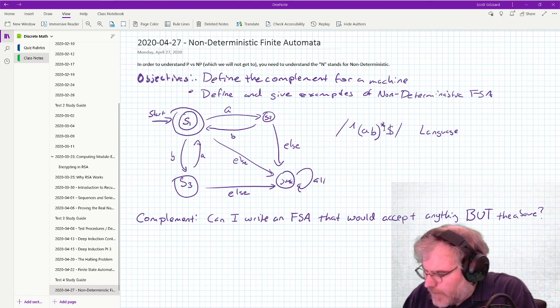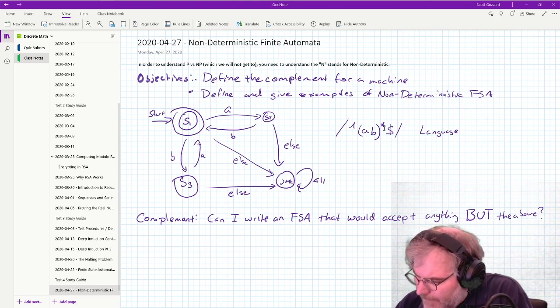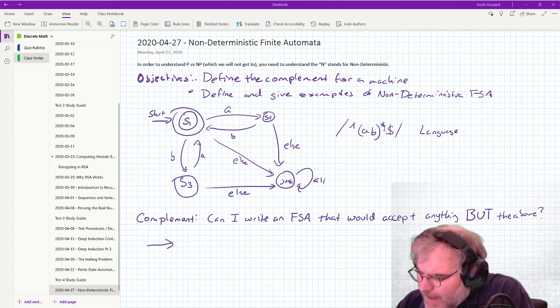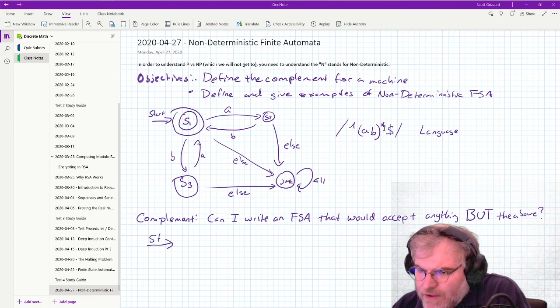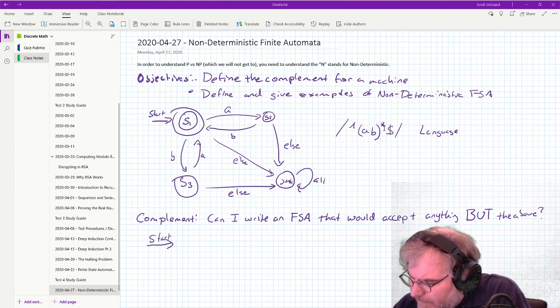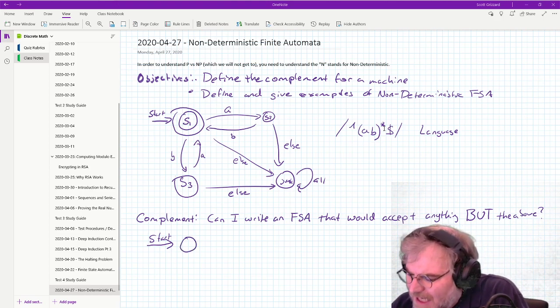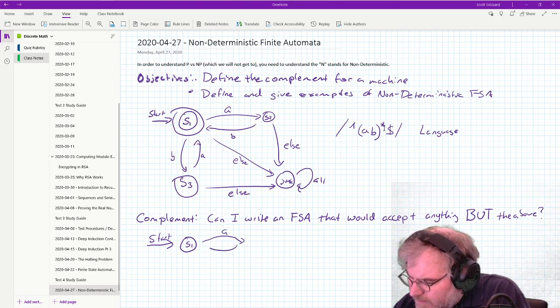Well, like this. What I'm going to do is keep the initial states the same, but I don't want to accept anything that this machine accepted. That means getting rid of S1 as a terminal state. I don't want to accept anything that landed on S1.